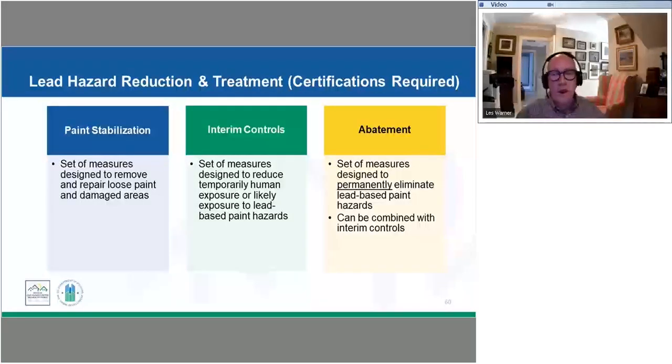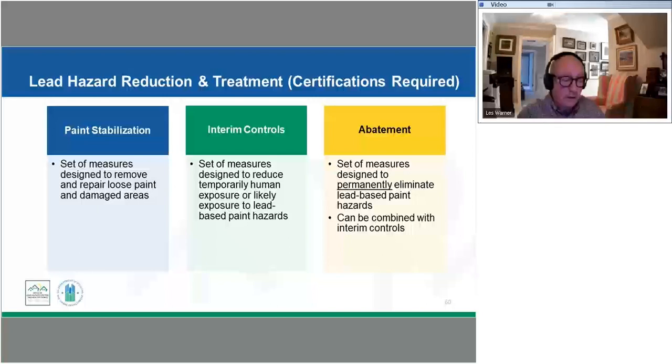We're not required under this subpart to do abatement, but if your program is doing abatement, that's a higher level where we are either permanently removing the lead-based paint and the hazards, or doing a containment that has at least a 20-year life expectancy. So we might be covering that with something mechanically attached to contain the potential hazard.